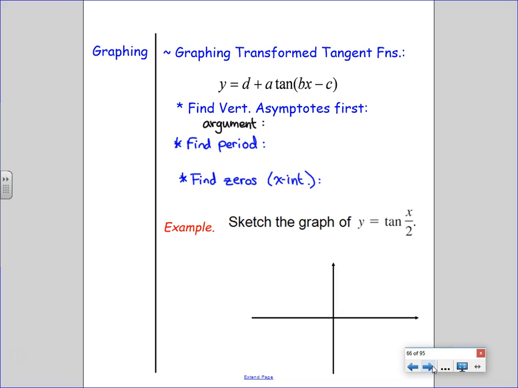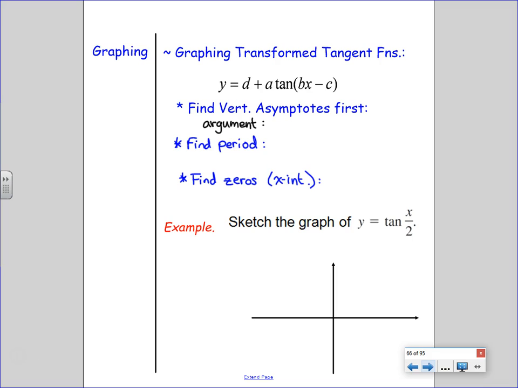So what happens when stuff changes? My advice for graphing a tangent: I'm not going to make you go super detailed with tangent, not as detailed as sine or cosine, but there are some things you need to have right. You need to figure out whether it's going this way, which is a normal tangent, or this way, which happens if there is a negative by the tangent.